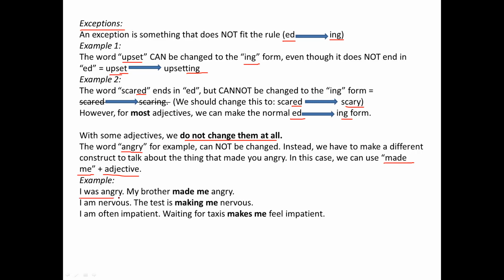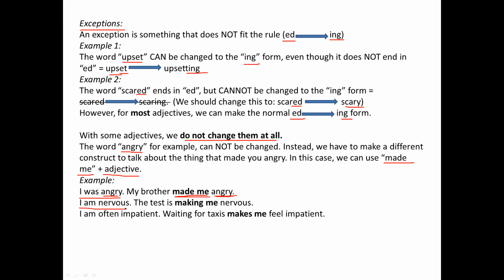So I was angry. My brother made me angry. So the word angry is the same, but we have to add this here, made me, to say who or what performed the action or caused the action or the emotion.